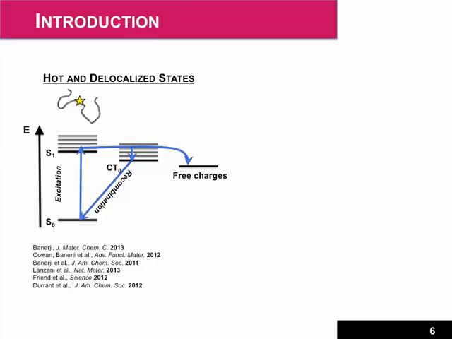Another idea that has appeared a lot in the literature is that to dissociate the charge transfer state, you also go through some hot delocalized states, and that allows you to form free charges on a very fast time scale, as opposed to the case where you relax your charge transfer state and then you have to dissociate it working against the Coulomb attraction. There's been a lot of discussion about these things, which are not at all taken into account by the simple picture, but which might be the factors that are really ruling how well your solar cell works or not.